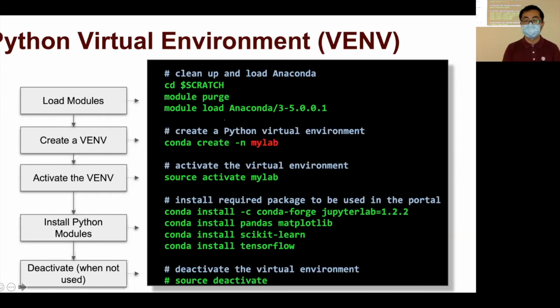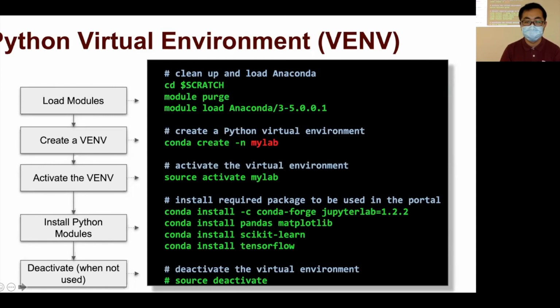And then for today's virtual environment, we want to use Anaconda. We will use some Conda commands to create the virtual environment. We use the conda create command with -n, or you can also use --name, and give it a virtual environment name.